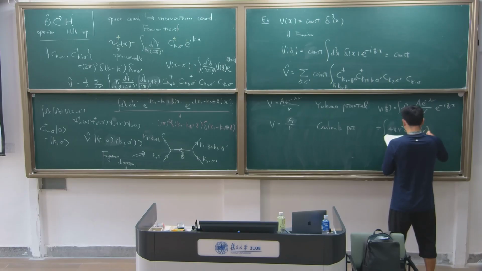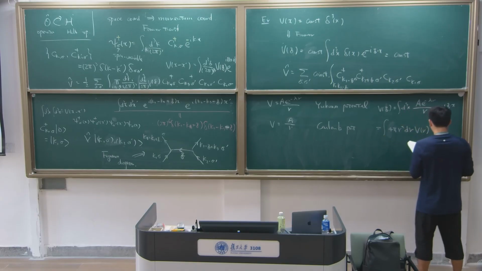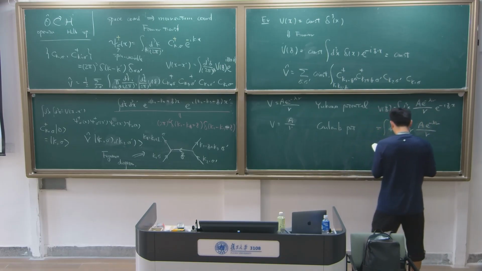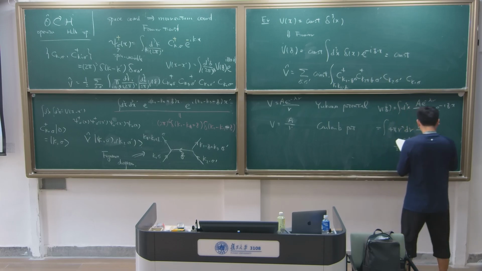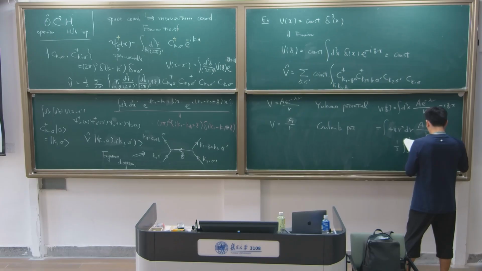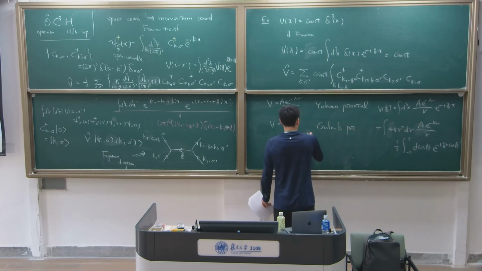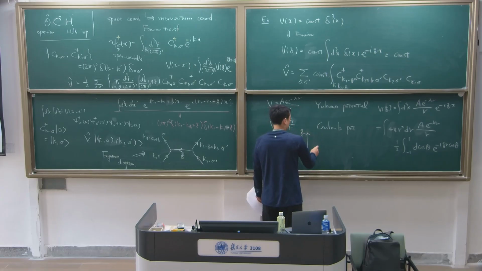So what's left is e to the minus lambda r over r, and then here you have the integral of d cos theta from minus 1 to 1 of e to the minus i q r cos theta. Here q and x are here, and this is theta.